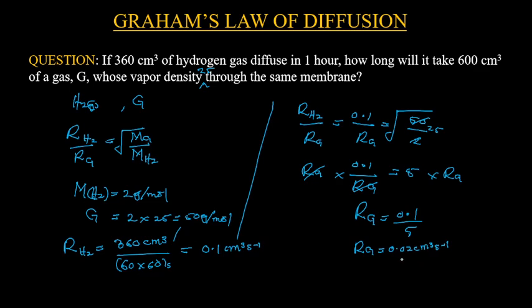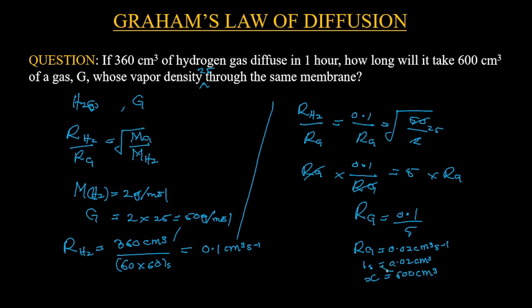Okay, now we are going to try to find how long it will take. And that's what the question is asking. So let's do that. We know that for every 1 second we have 0.02 cm cube. So how long, x, will this take for 600 cm cube to diffuse?